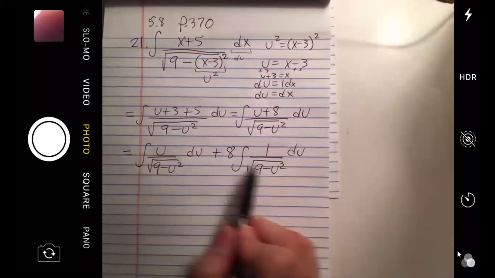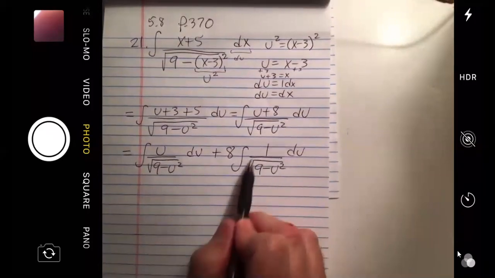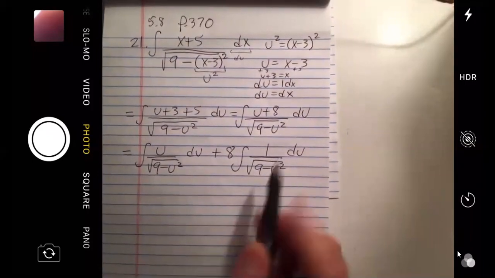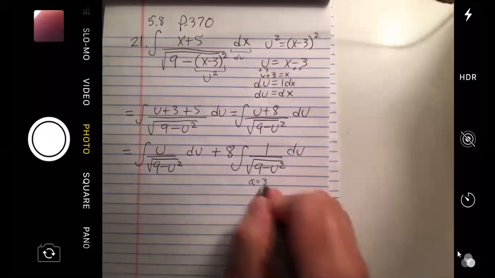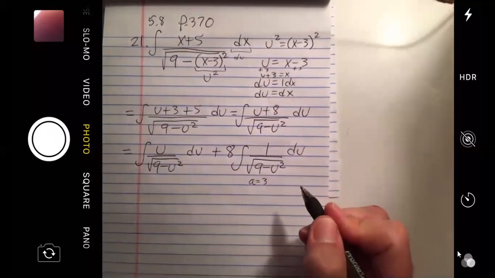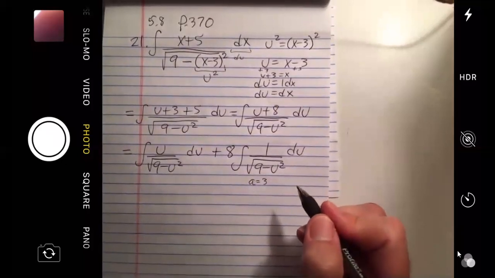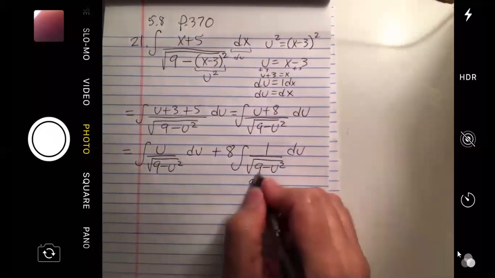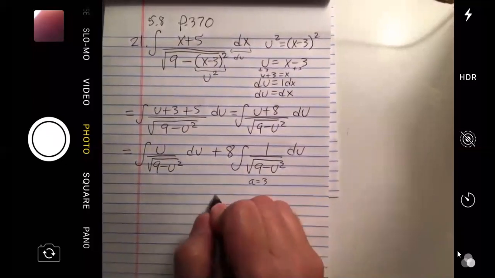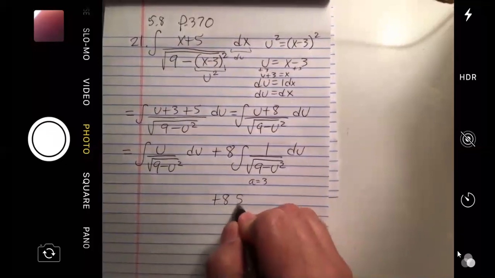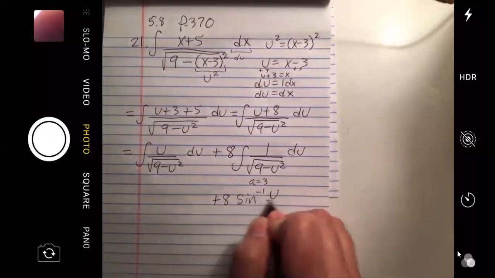Reason for throwing it out, this is a direct arc sine form with an a of 3. You remember, therefore, this is going to give you a plus 8 in arc sine of u over 3.